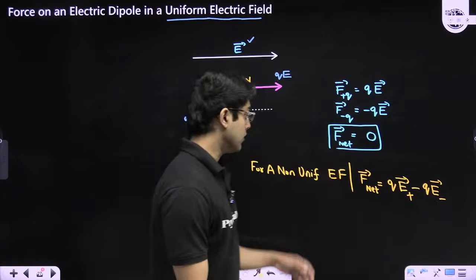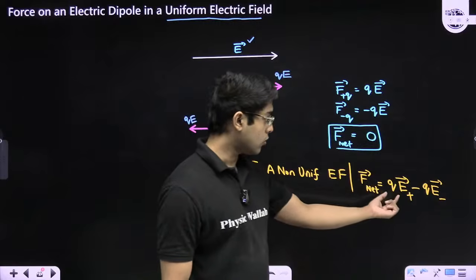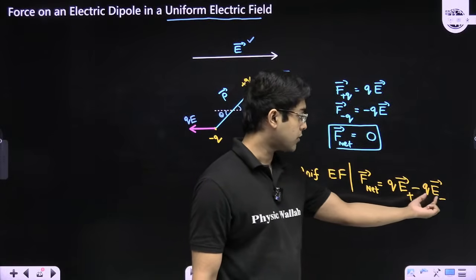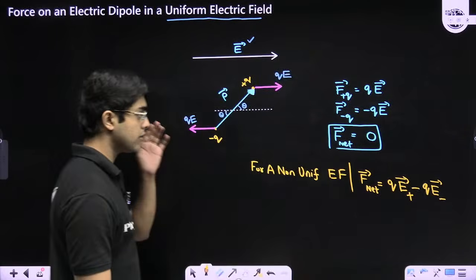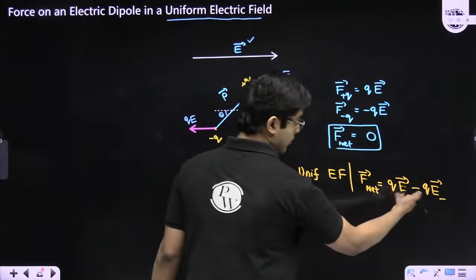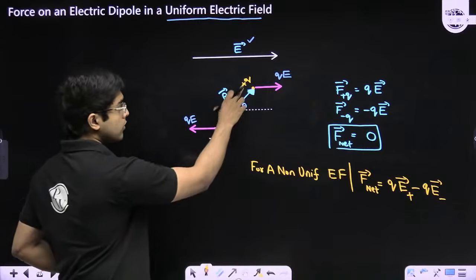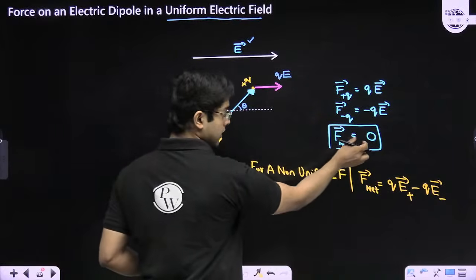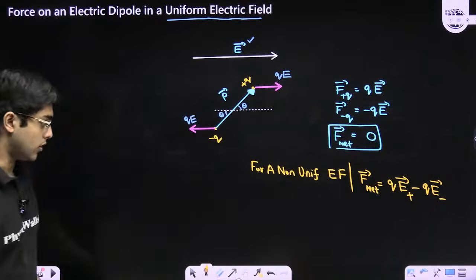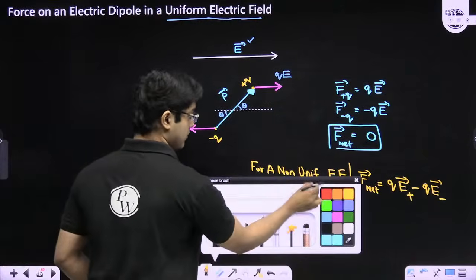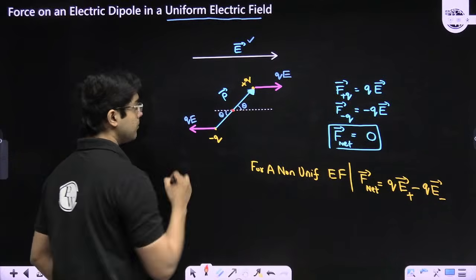It's a non-uniform field, so the electric field near the positive is different from the electric field near the negative. So this need not be 0, right? This can be non-zero. But if you throw it into a uniform electric field, then the net force will be 0. So this is the first idea.